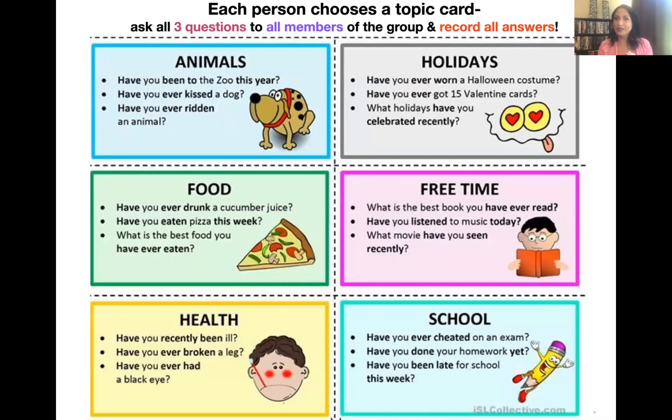Okay, for the next part, in your groups of 3 to 4, each person will choose one card. The dog, the pizza, the pencil. Choose one, and you will ask the other 3 people and write down their answers. One person asks one. I will ask about the dog.